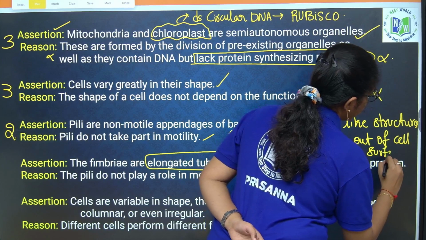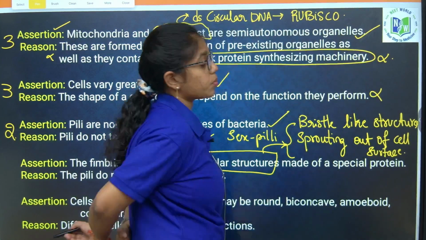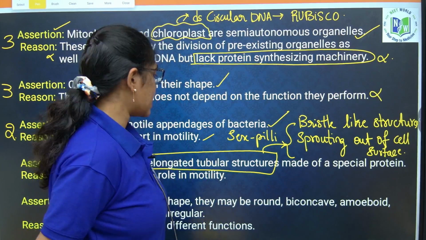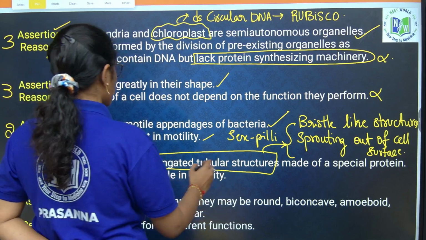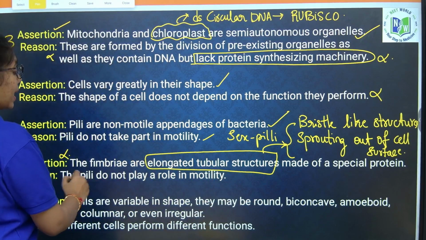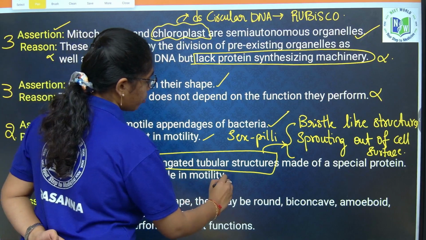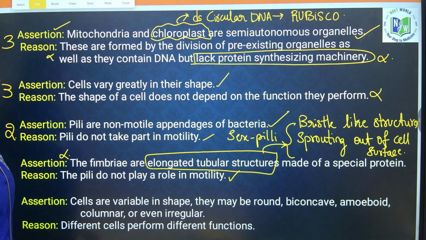Fimbriae are what? They are bristle-like structures sprouting out of the cell surface. They are not elongated tubular structures. So, the assertion is wrong here. The pili do not play a role in motility. This statement is true.